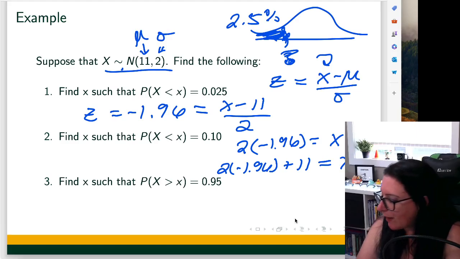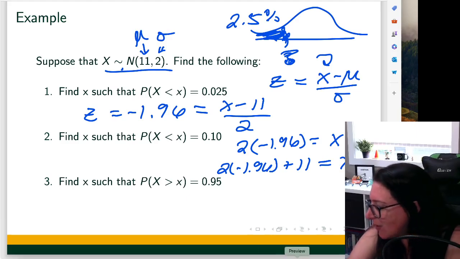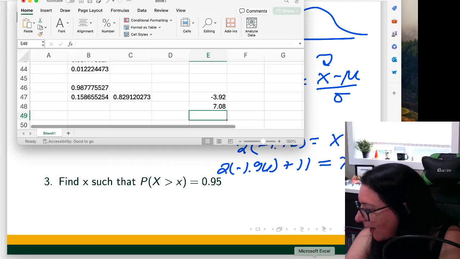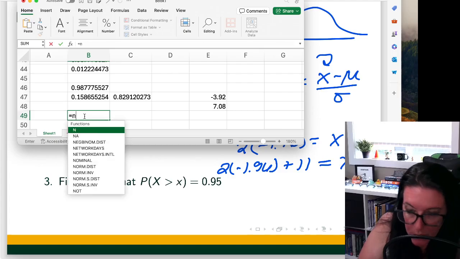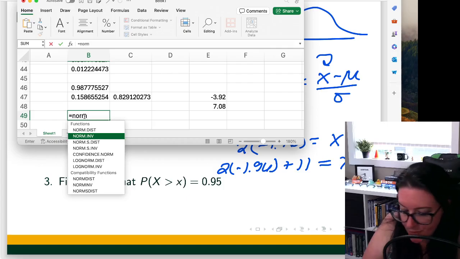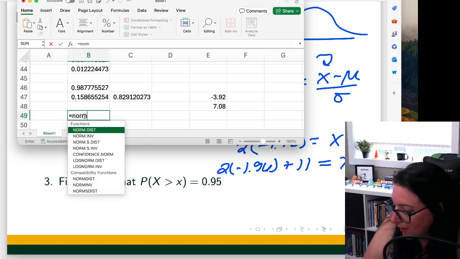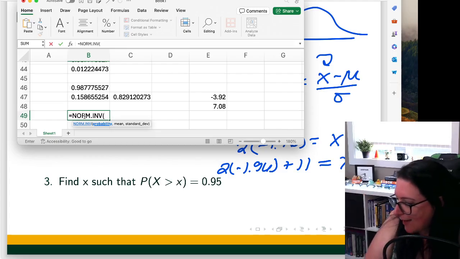So in this case, 7.08 would be the x where the probability you're less than 7.08 is 2.5%. Okay. If we want to do this instead in Excel, so save us all the hassle of all this math, we can do this in Excel. Equals norm, and instead of distribution, do inverse. So we're just doing an inverse lookup here on our table by going from the inside out instead of the outside in.